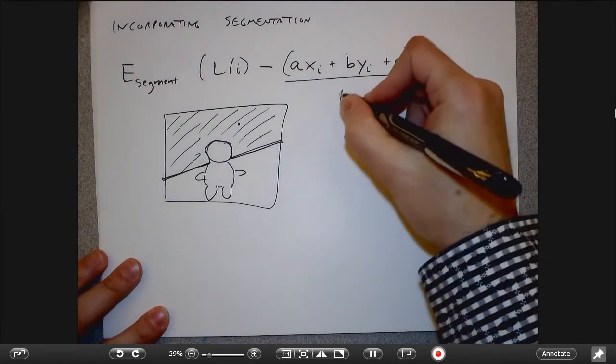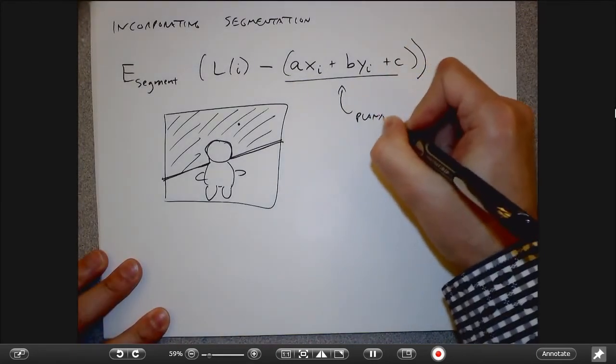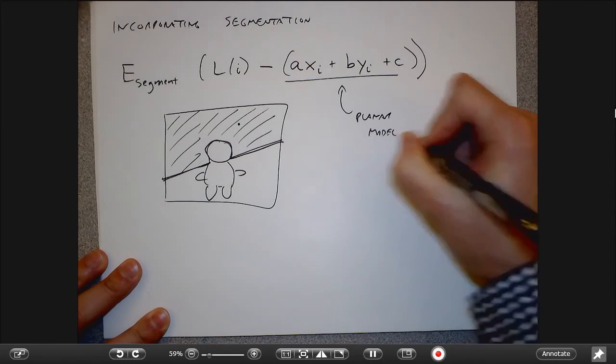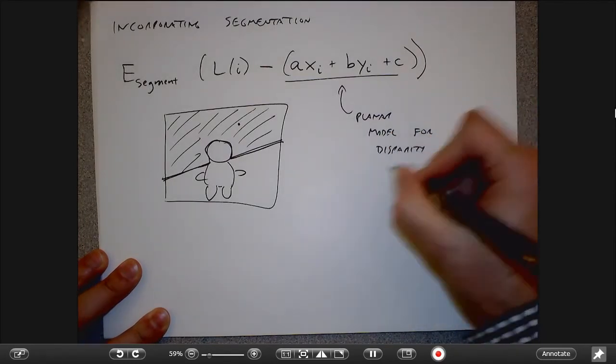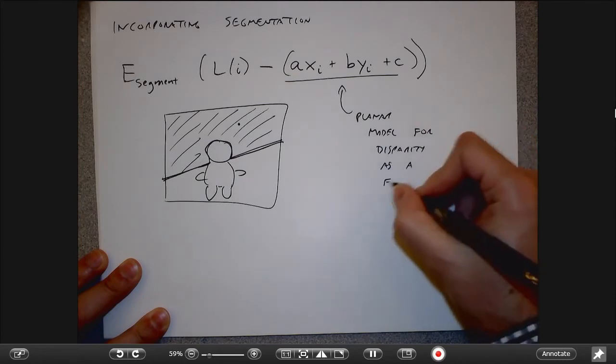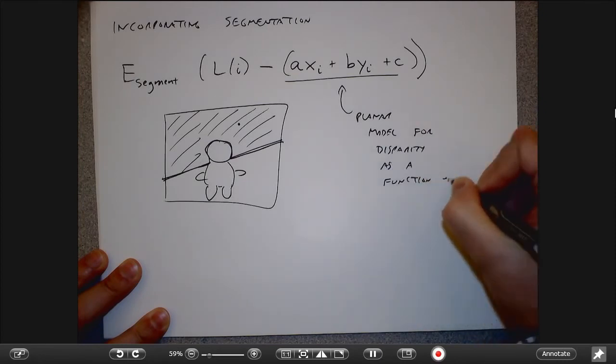So it's kind of like a planar model for disparity as a function of pixel location.